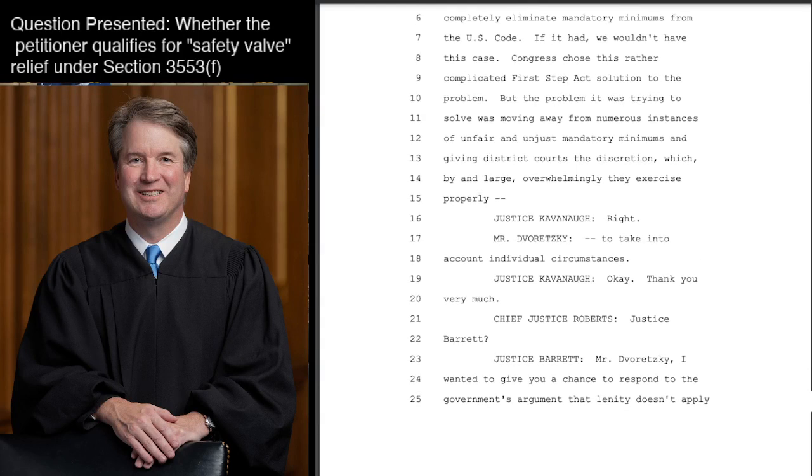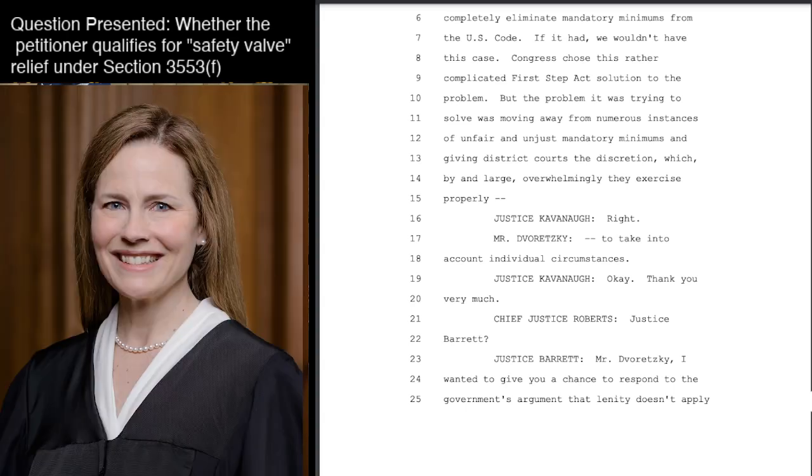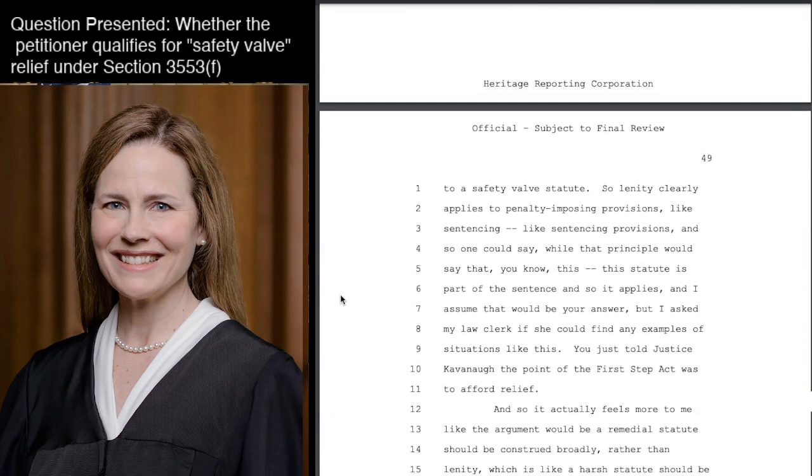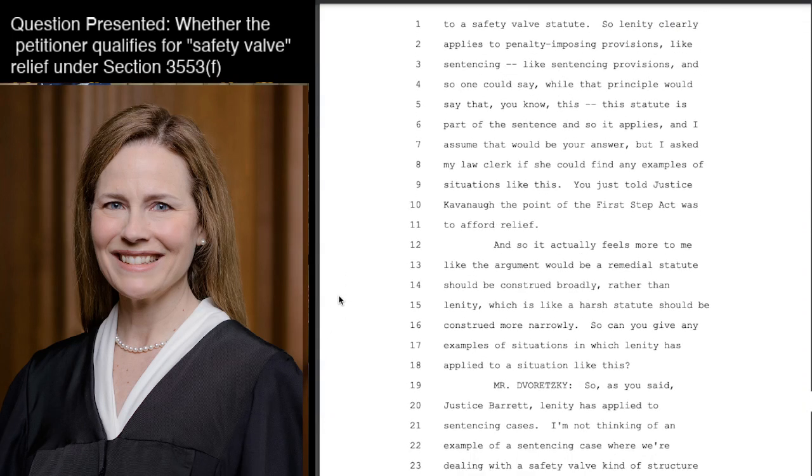Justice Barrett? Mr. Fresky, I want to give you a chance to respond to the government's argument that lenity doesn't apply to a safety valve statute. So lenity clearly applies to penalty-imposing provisions, like sentencing provisions. And so one could say, well, that principle would say that this statute is part of the sentence, and so it applies. And I assume that would be your answer.